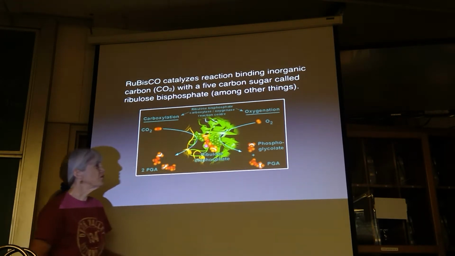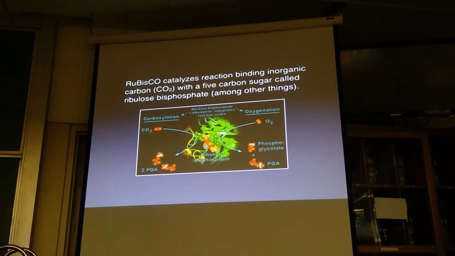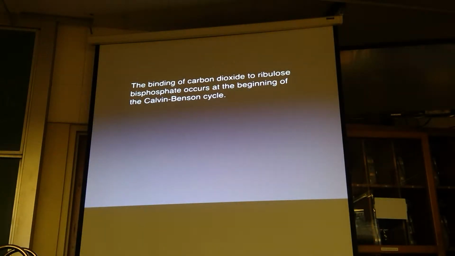And you get 2 phosphoglyceric acid molecules. So you just have to know Rubisco, and that it's binding carbon dioxide to ribulose bisphosphate. That's the most important step. That's the beginning of the Calvin-Benson cycle, or Calvin-Benson-Basham cycle.